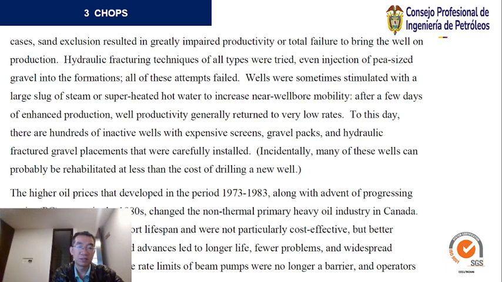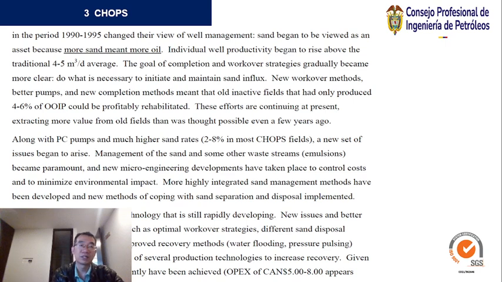The first PC pumps had a short lifespan and were not particularly cost-effective, but better quality control and continual advances led to longer life, fewer problems, and widespread acceptance in the 1990s. The rate limits of beam pumps were no longer a barrier, and operators in the period 1990 to 1995 changed their view of sand management.